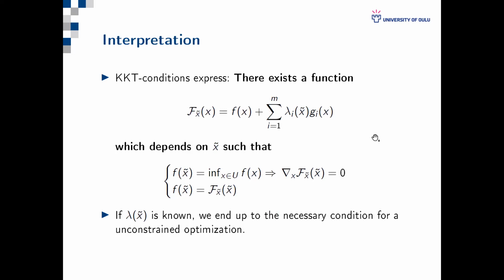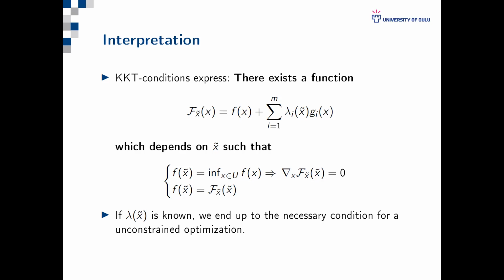So some kind of an interpretation. Assume that we know this x tilde somehow, or we know these Lagrangian multipliers at the optimal point, at the minimum point. Then the gradient condition is nothing else than minimizing this function in the whole space.